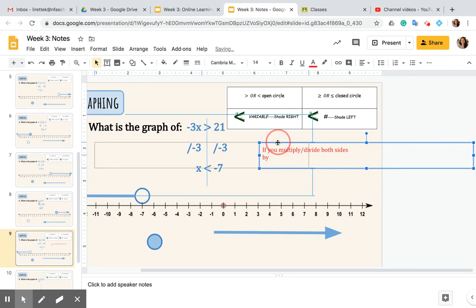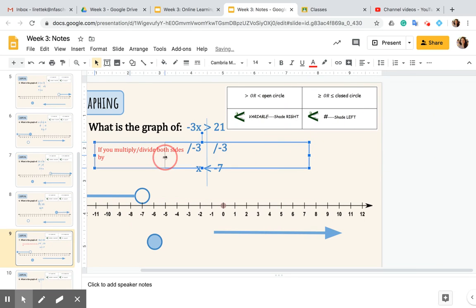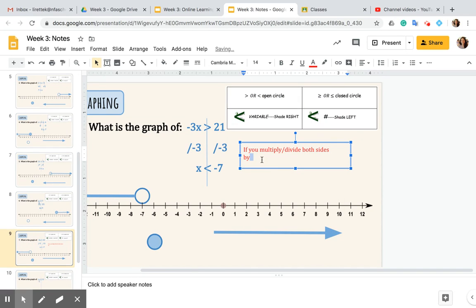Here, let me fix this. I'm too particular with things, as you guys can see.